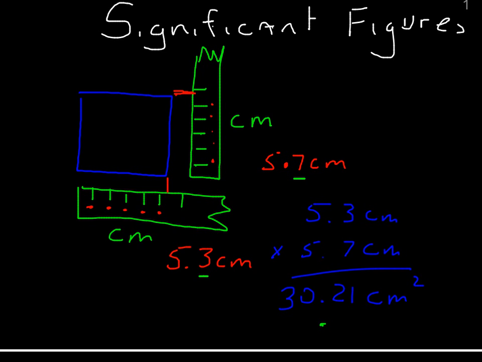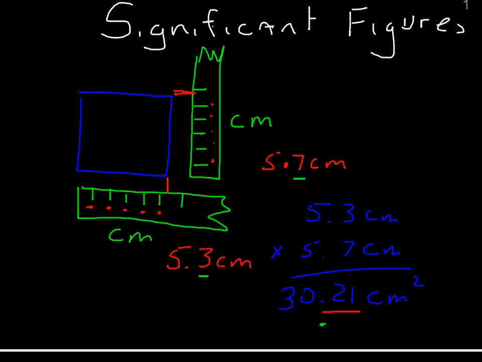Now, here comes the deal. When I see that number, 30.21, that implies that was a pretty good measurement, that I was able to measure to 1/100. But that is really just a number derived from my calculator. It's the math. It's not the measurement that came from the rulers I used.